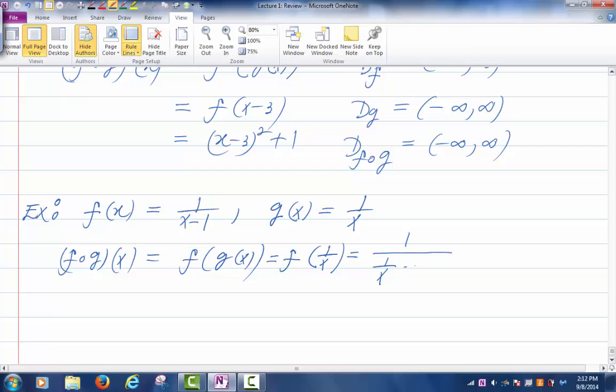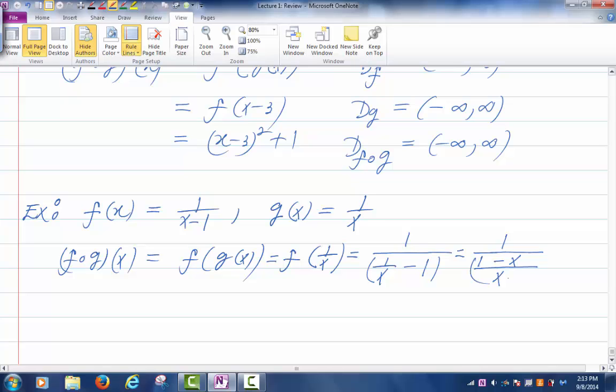1 over 1 divided by x minus 1. And then, how do I simplify this? You can multiply and divide by x, or you can just say that the fraction below the common denominator is x, and then you are subtracting something, so you get 1 minus x like this, right?